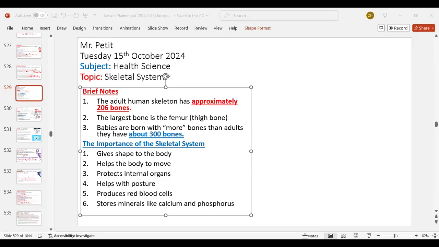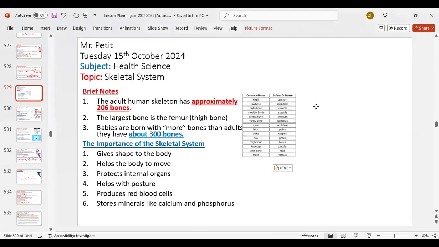The importance of the skeletal system: gives shape to the body, helps the body to move, protects internal organs, helps with posture, produces red blood cells, stores minerals like calcium and phosphorus. Very good.